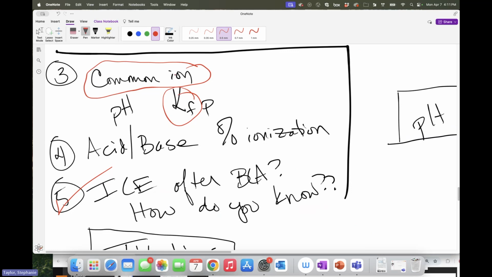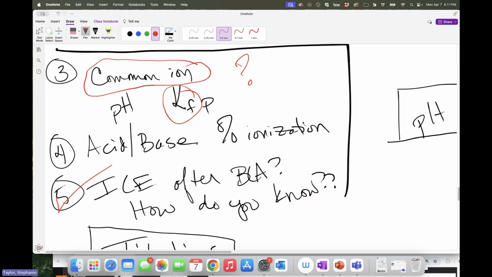KF is not a thing. We're not doing complex ion formation. I'm going to put a little question mark that maybe I finished this question, but maybe not. If I didn't answer that question, go ahead and put it back in the chat, and you can definitely blame me. But there's no KF, there's no complex ion formation to deal with. I might have answered your question, but I don't know. We'll see.